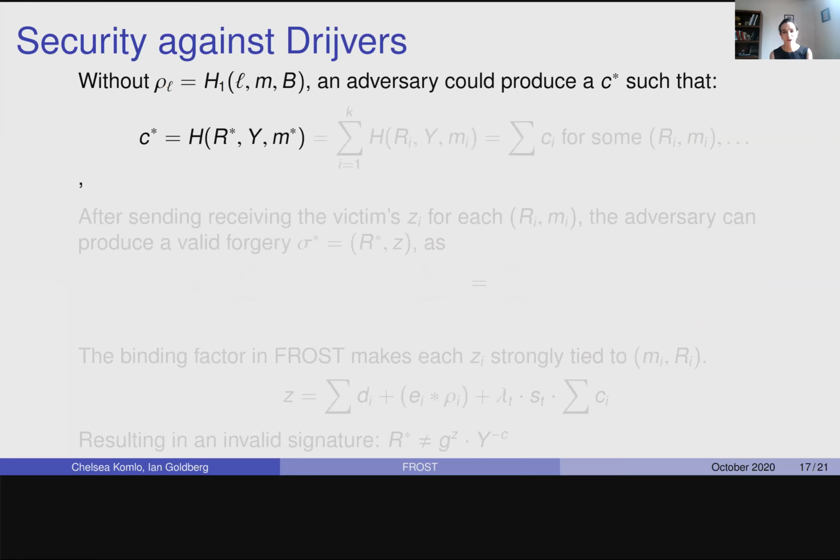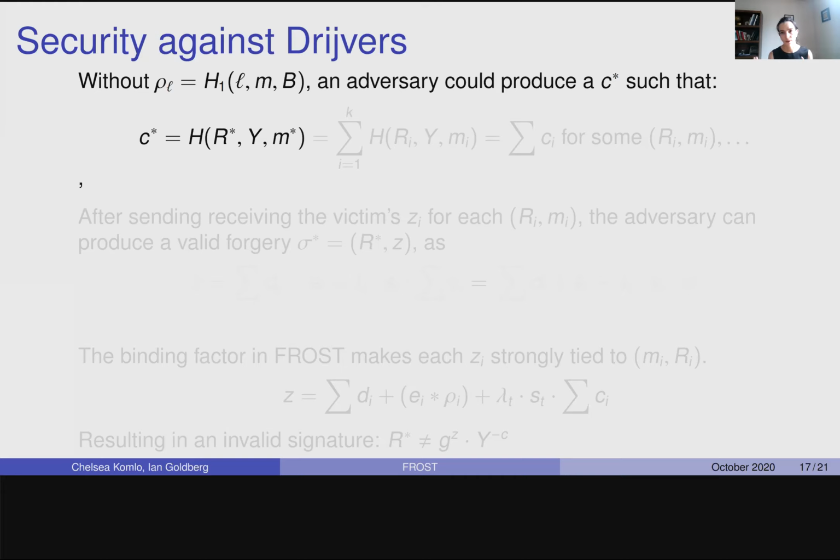Okay, so I emphasized that this binding factor is really important. So let's see what would happen if we didn't have it. Let's say we did that signing protocol before, but we didn't use this binding factor. I told you that this would be insecure against Wagner's attack.